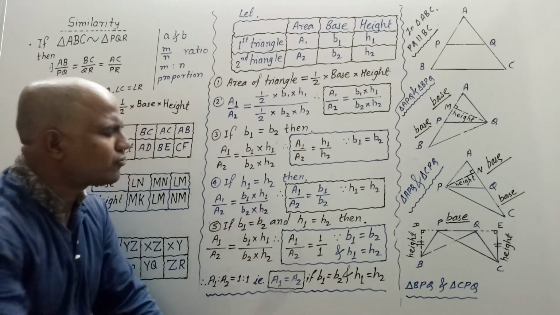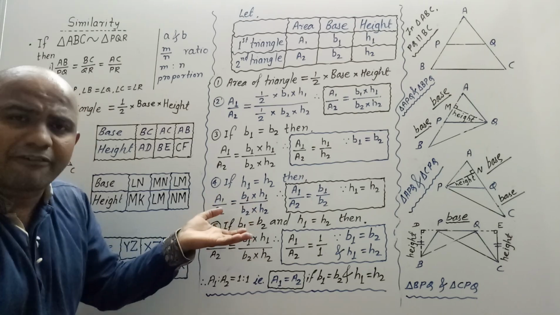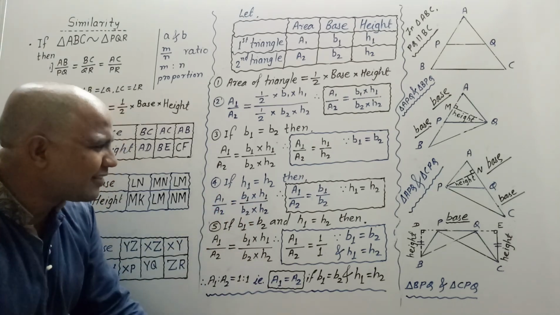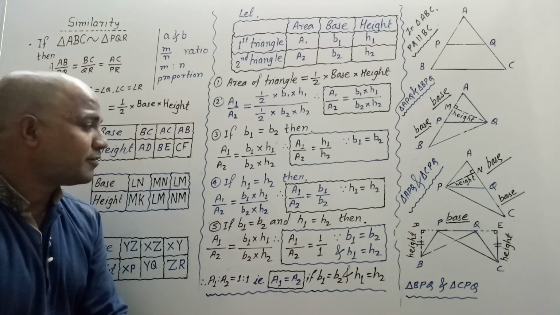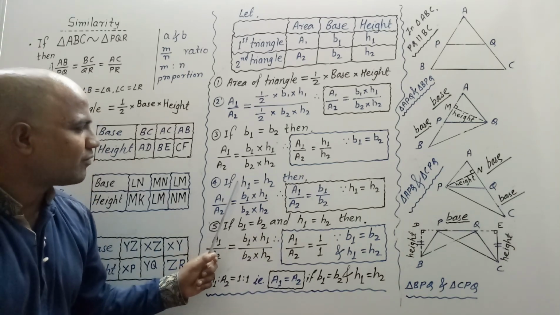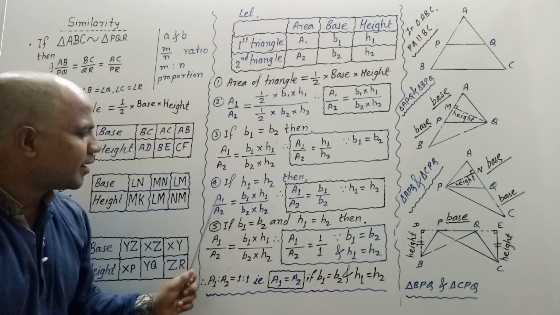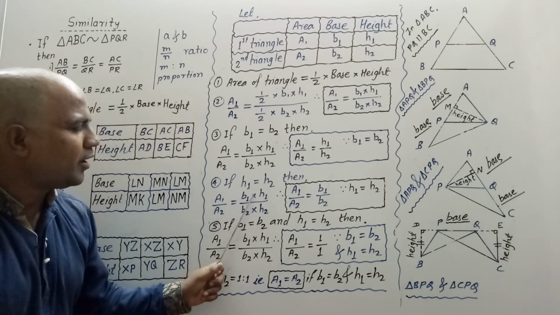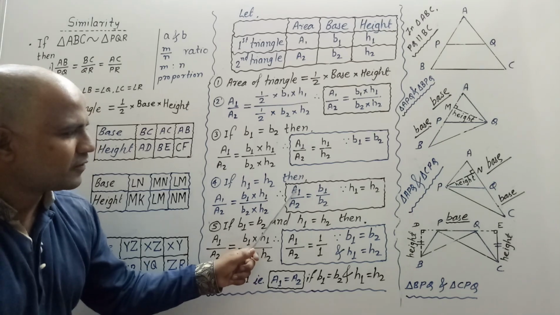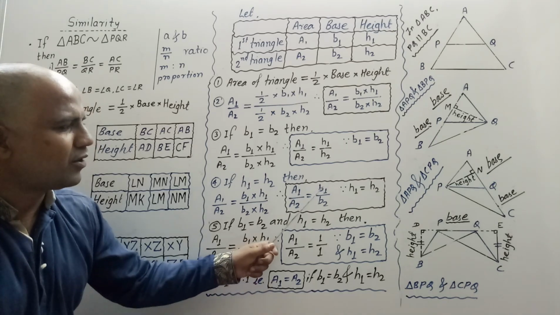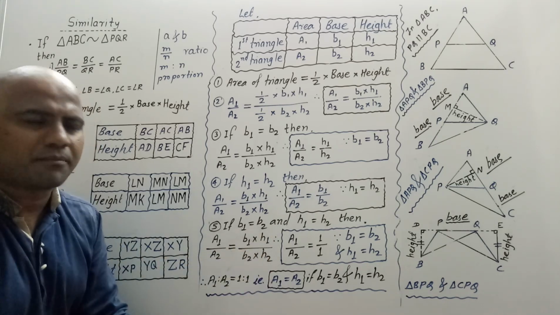Also H1 equals H2, means same value, so H1 and H2 get cancelled. Only B1 and B2 remain. Meaning, if H1 equals H2, then A1 upon A2 is equal to B1 upon B2.